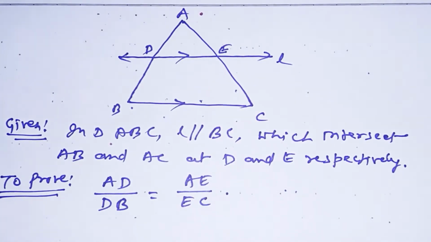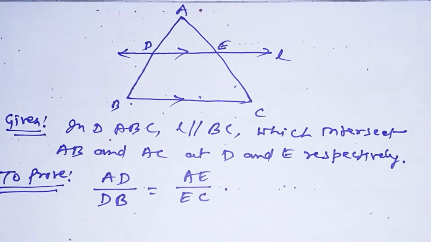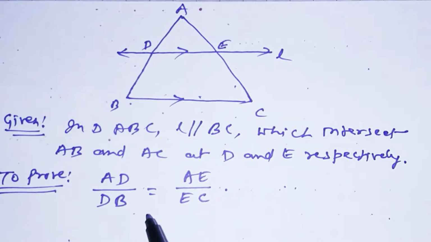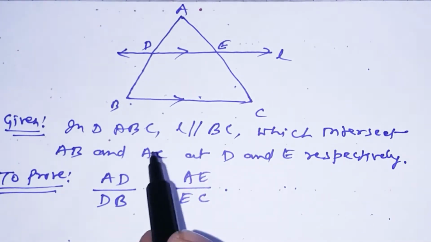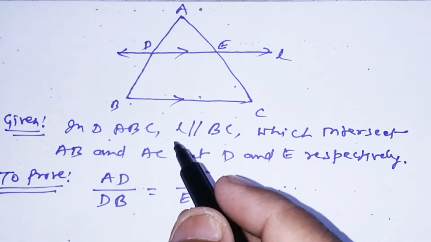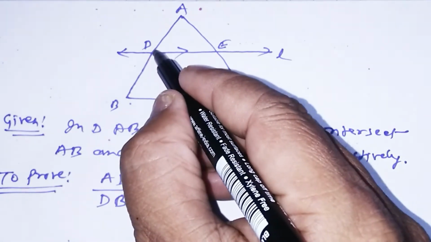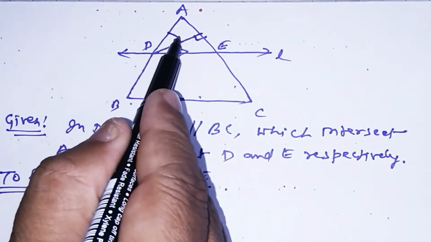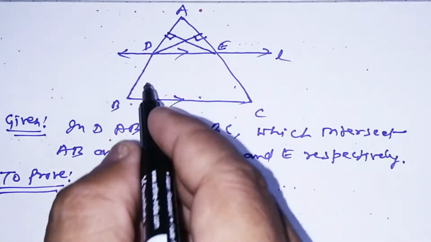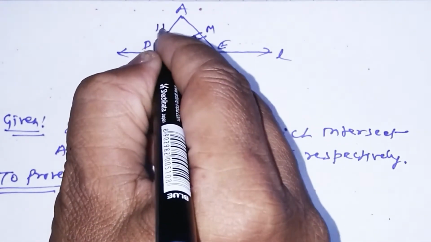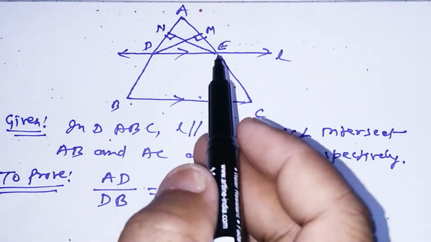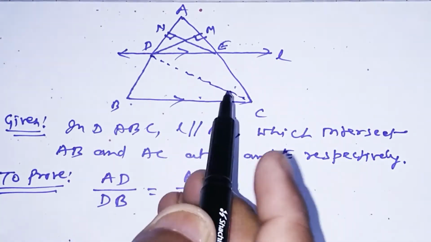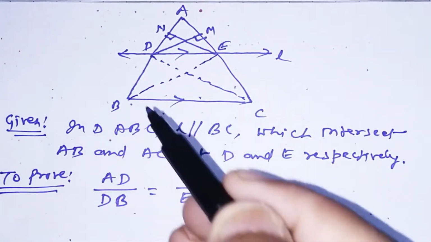Okay. Now to prove this we need some constructions. First draw from D a perpendicular on AC and from E a perpendicular on AB. So let DM and EN be the two perpendicular lines drawn from D and E, and then join DC and join BE. So this is our construction.